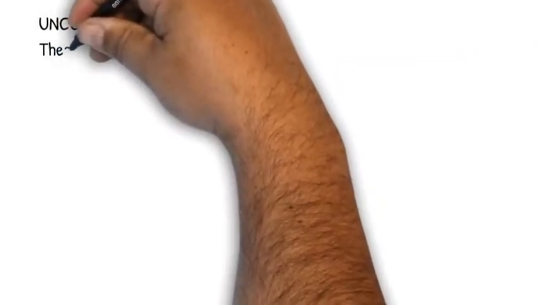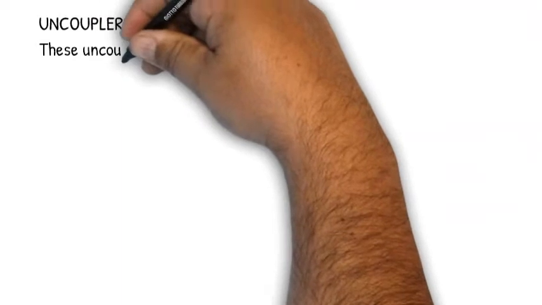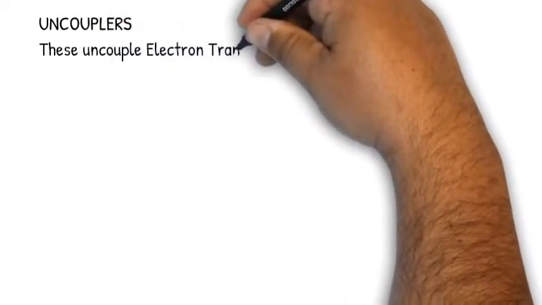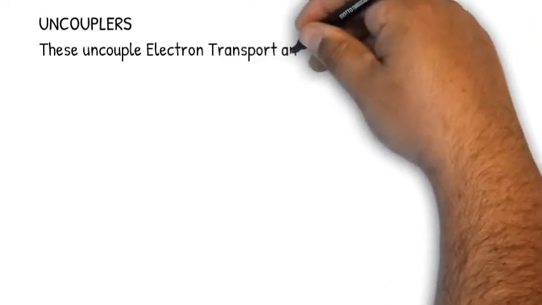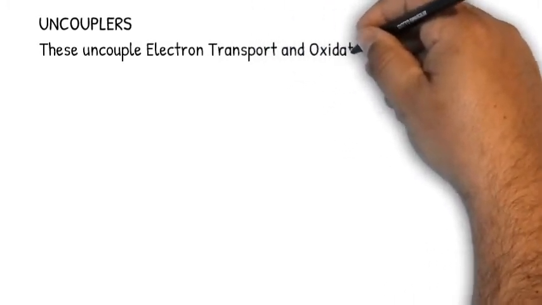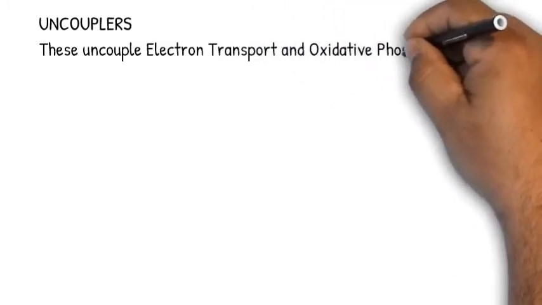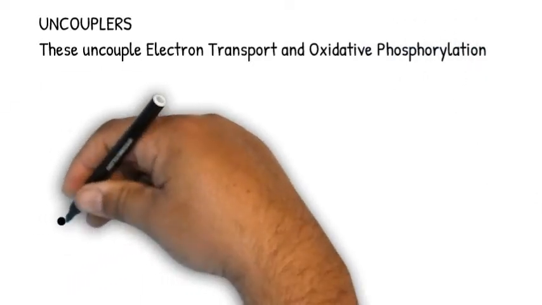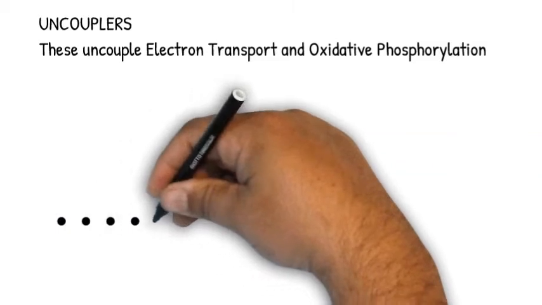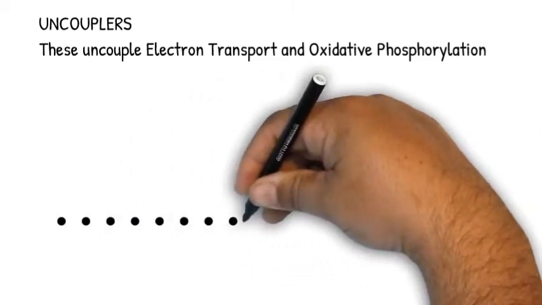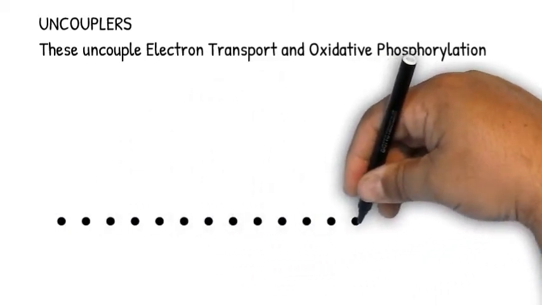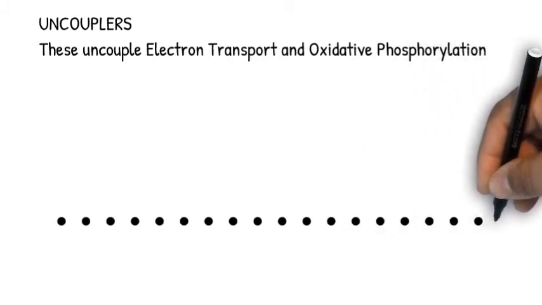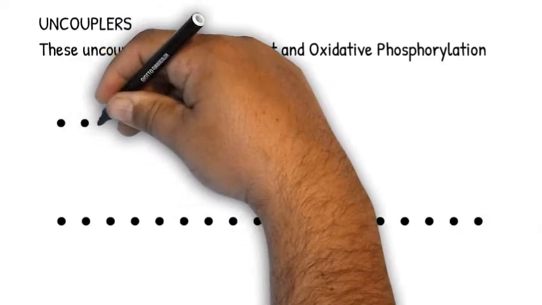So do remember those. And then we also have the uncoupling agents or uncouplers, which also disrupt the electron transport process. These uncouple electron transport from oxidative phosphorylation. And so one very good example is the compound known as 2,4-dinitrophenol, which is used in the explosives industry.